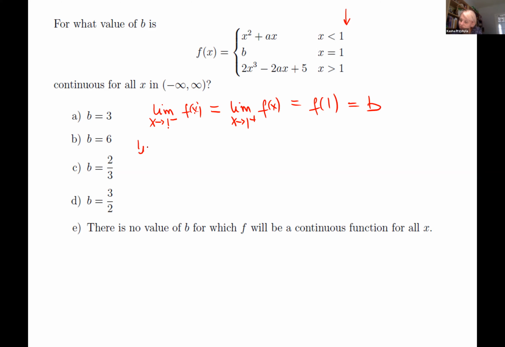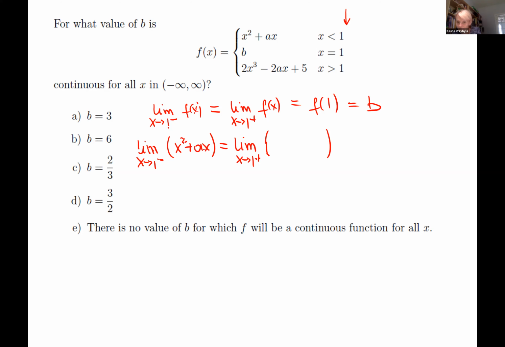Let me write the limit as x goes to 1 from the left. Can you tell me which function I will use for the left-hand side and which function I will use for the right-hand side? On the left-hand side, it's the first one, x squared plus ax.